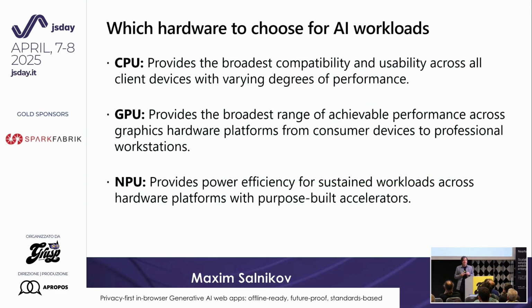If we go back to the very bottom of this generative AI layered pie, let's briefly talk about devices, where we actually can run all these heavy computational tasks. Because normally AI is about heavy computing, right? Of course, CPU is everywhere, and this gives us the broadest compatibility.